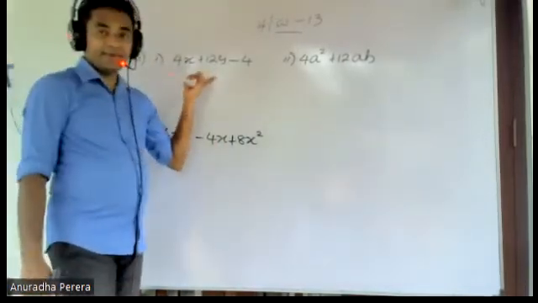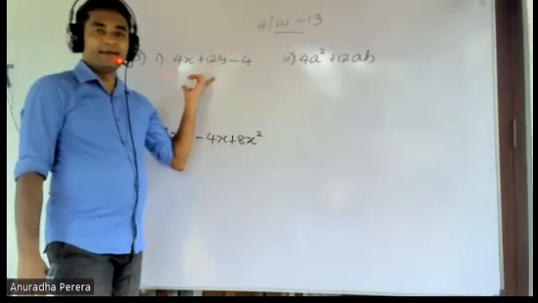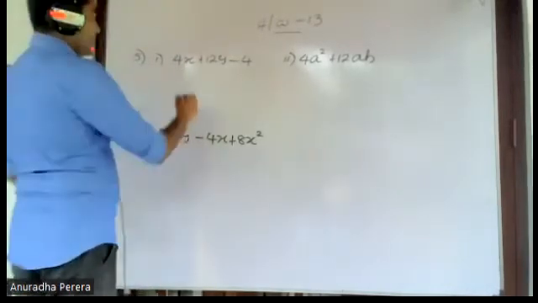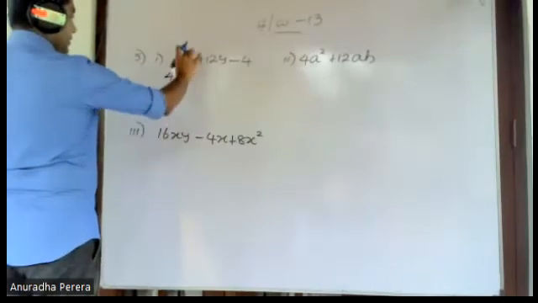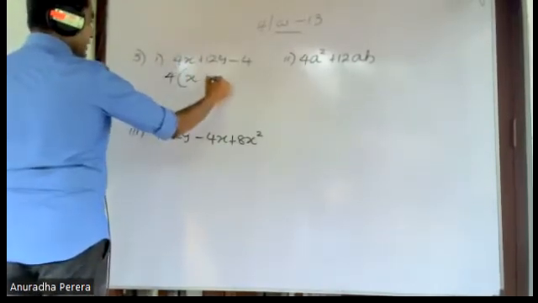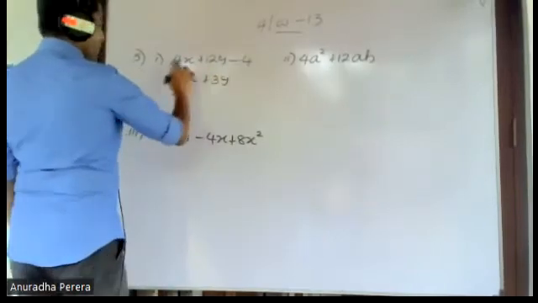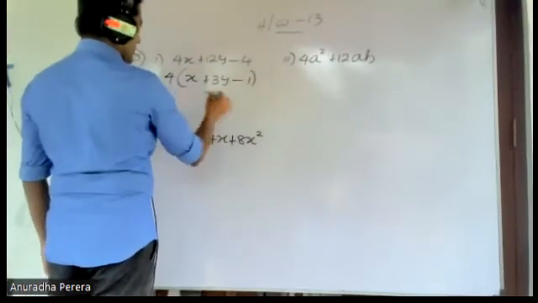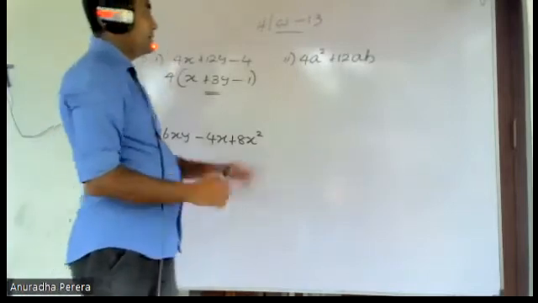What is the HCF? 4. Very good. Dividing 4x by 4 gives x, 12y by 4 gives 3y, and 4 by 4 gives 1. So 4 times (x plus 3y minus 1).